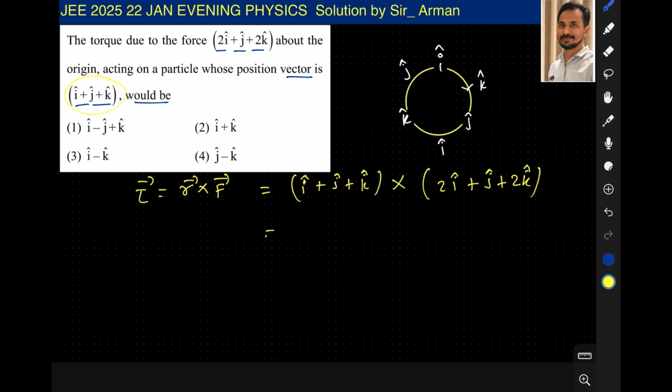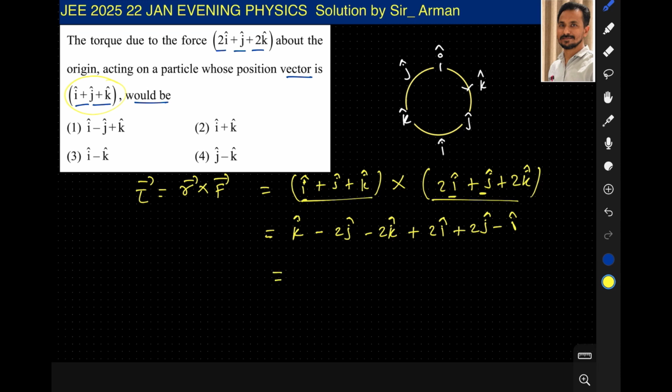Now on doing the cross product here, i cross i will become 0. Now i cross j, so this will become k cap. I am directly writing the answer. Then minus 2 j cap, then minus 2 k cap plus 2 i cap plus 2 j cap minus i cap. So this is the answer if you do the cross product of these vectors.